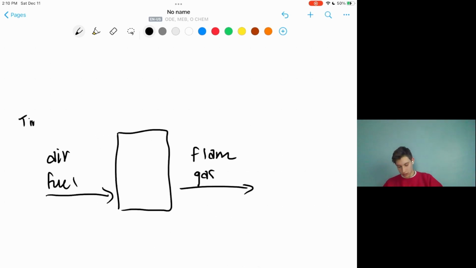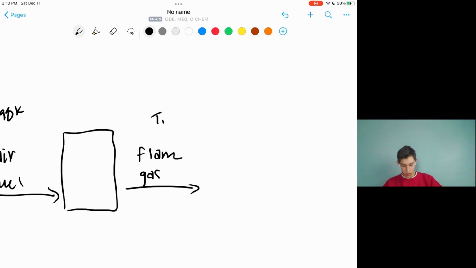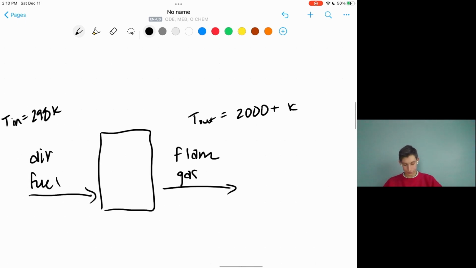We'll just say that the temperature going in is 298 Kelvin, and our final temperature is going to be 2000 plus Kelvin. So we know that the flame is adiabatic, meaning there's no heat gained or lost between this whole reaction.